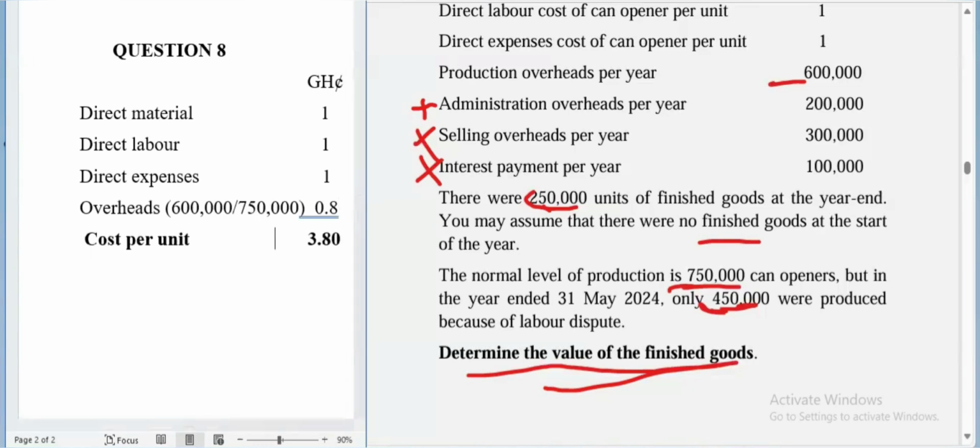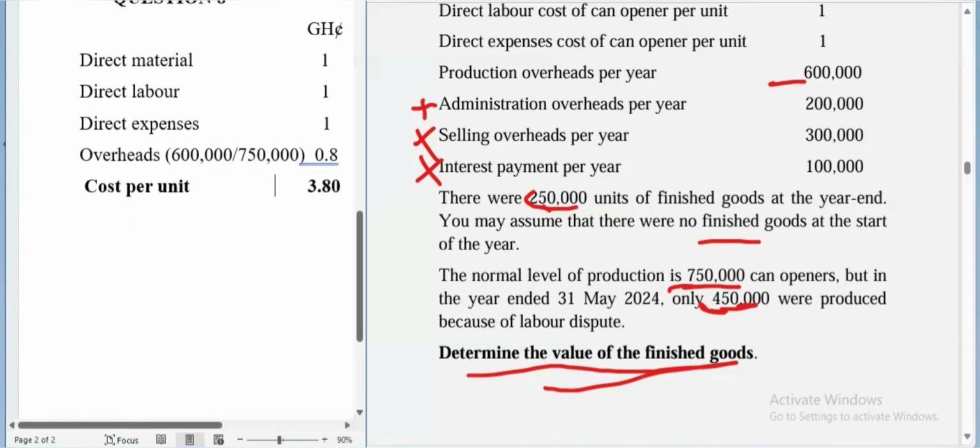Then the next requirement says we should determine the value of closing inventory. You can do it this way, or if you want to do it for the total, just multiply.